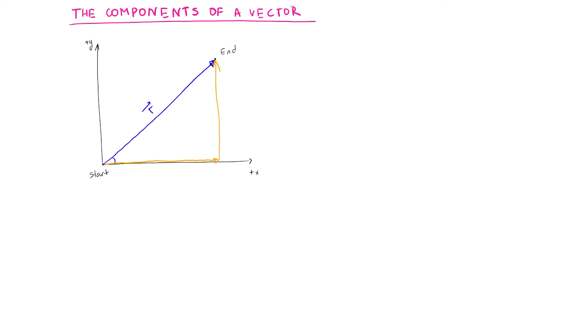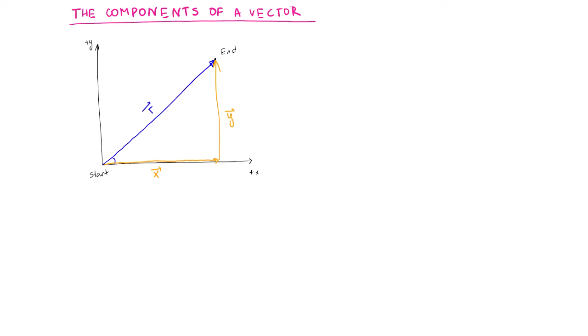This alternative path is shown in this drawing and is associated with the two displacement vectors, the x and y vectors. The vectors x and y are called the x vector component and the y vector component of r.